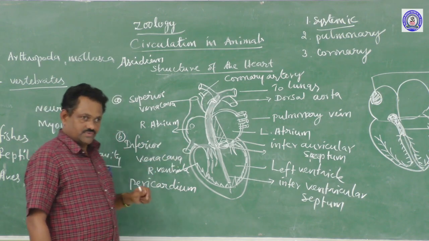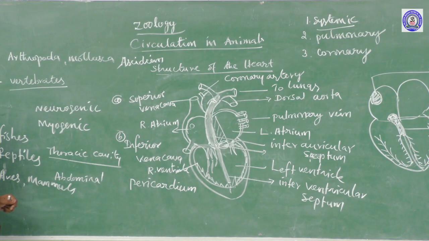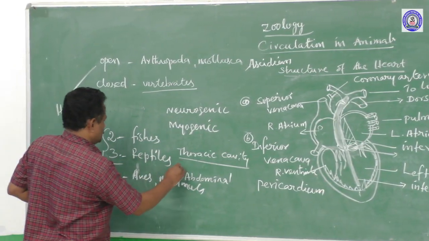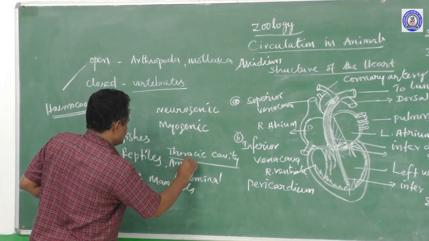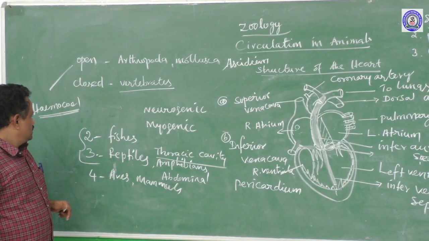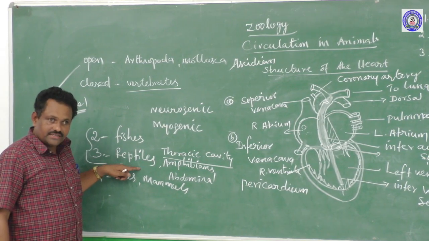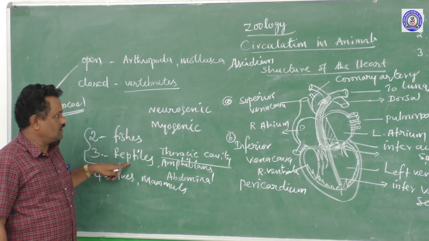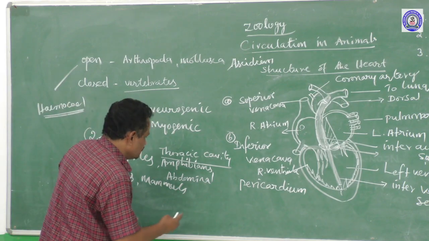Here in lower organisms, as I said earlier, in the case of fishes, reptiles and also amphibians, the mixed blood is pumped out from the heart. Here the circulation is called single circulation.